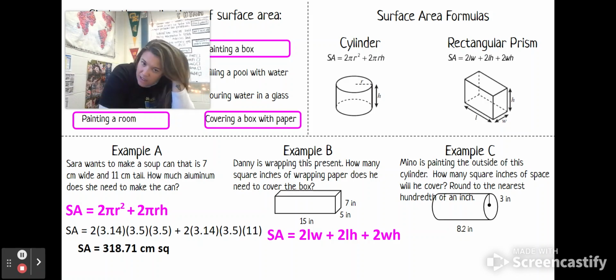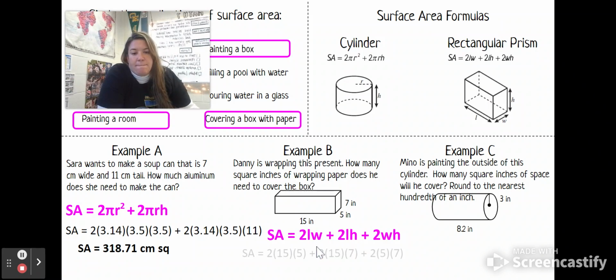So surface area equals 2 times length, which is 15, times 5, plus 2 times 15 times 7, plus 2 times 5 times 7. It doesn't really matter which number you make the length and width and height, as long as you don't repeat them. Like see how 15 times 5, 15 times 7, and then 7 times 5.